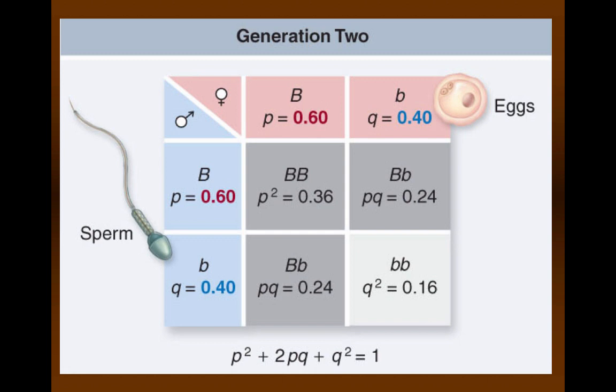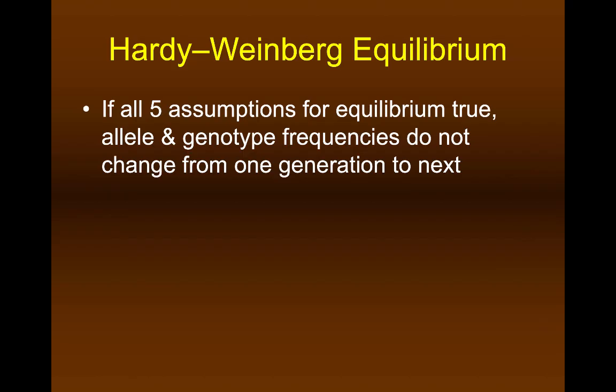Maybe there was natural selection, or maybe there was non-random mating, or maybe there was a mutation and all of a sudden we had brown cats showing up, or drift, or maybe there was some migration of cats into or out of the population. One of those 5 things, or perhaps more than one, might have caused those frequencies to change.